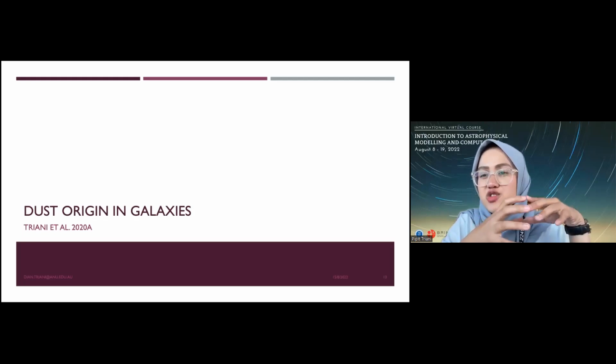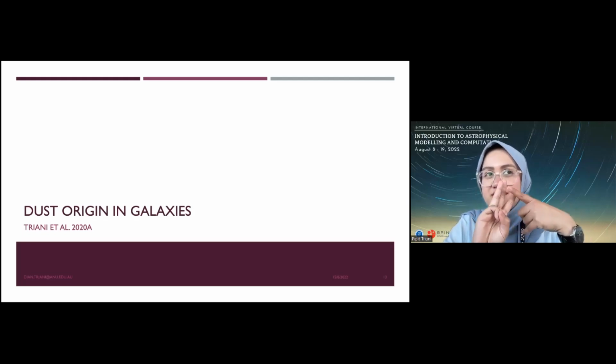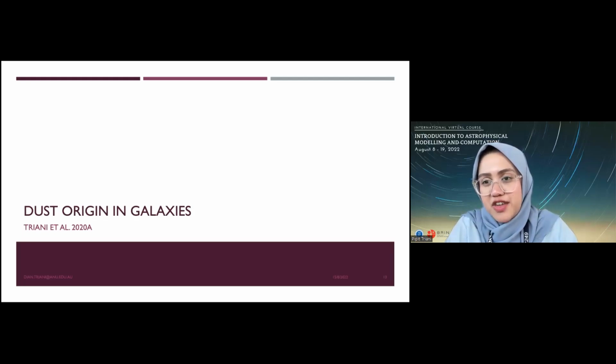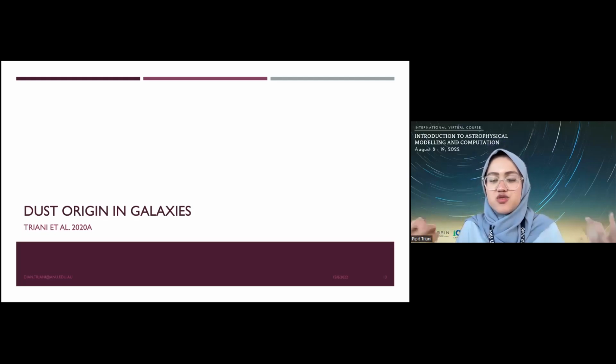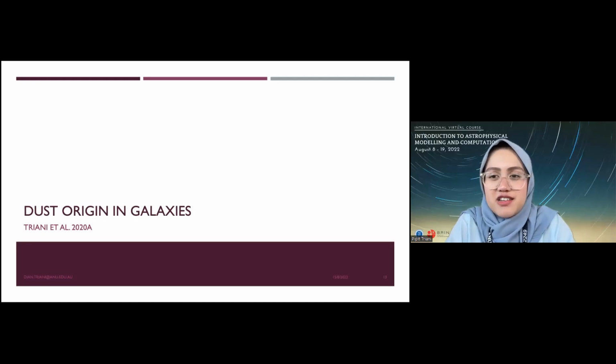These 3 buckets represent the multi-phase gas: the hot gas represents the CGM, the cold gas represents the ISM, and the ejected gas represents the intergalactic medium, the IGM. Okay, yeah, thank you.